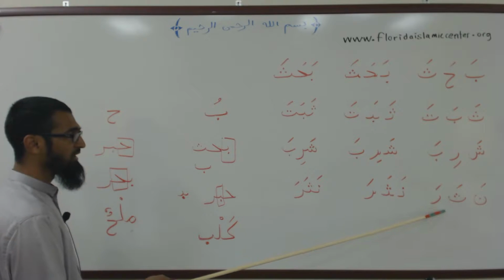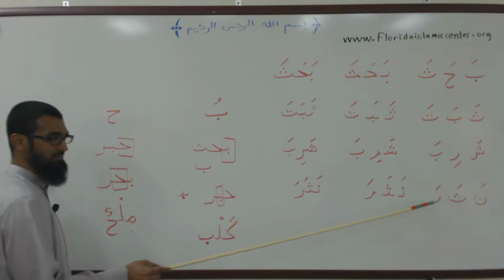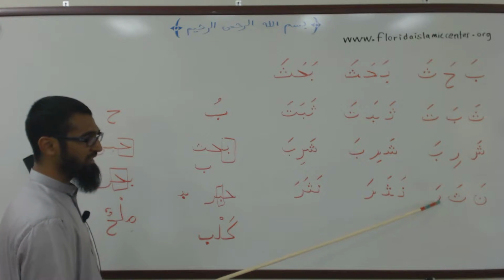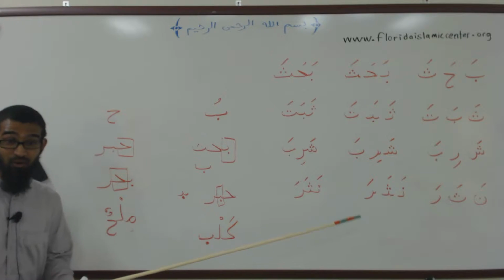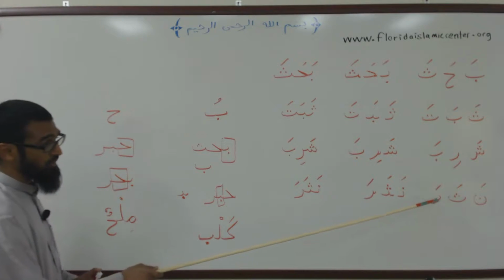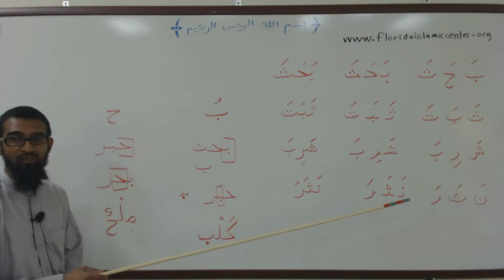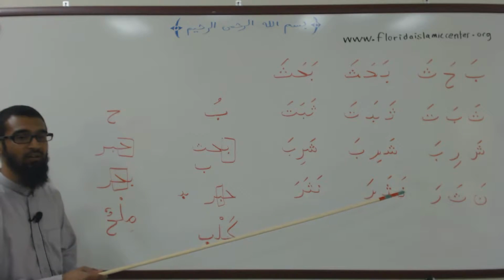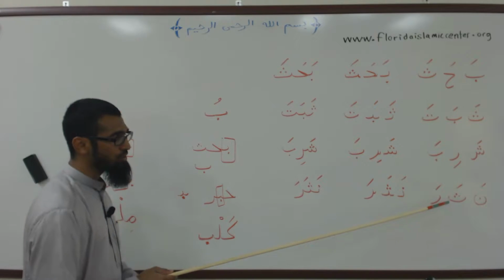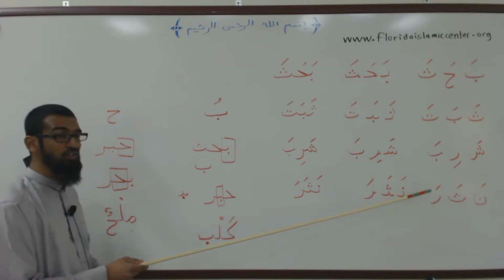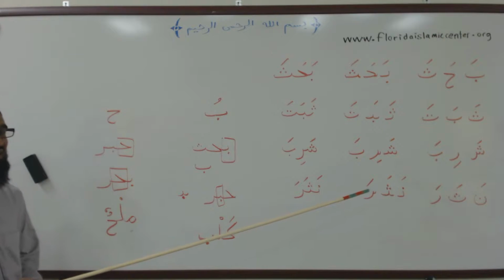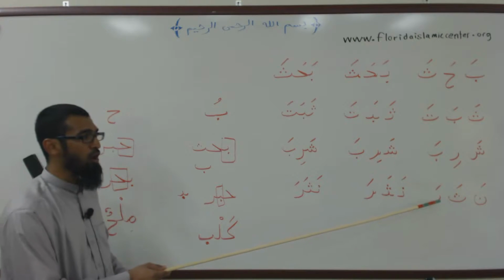Nathara. Now, remember that we said that there are some letters that we call the round letters. Round letters, when you put a fatha on them, don't give you the a sound, but the o sound. So like ra, when you put a fatha on it, it's not going to sound like ra, it's going to sound like ra.